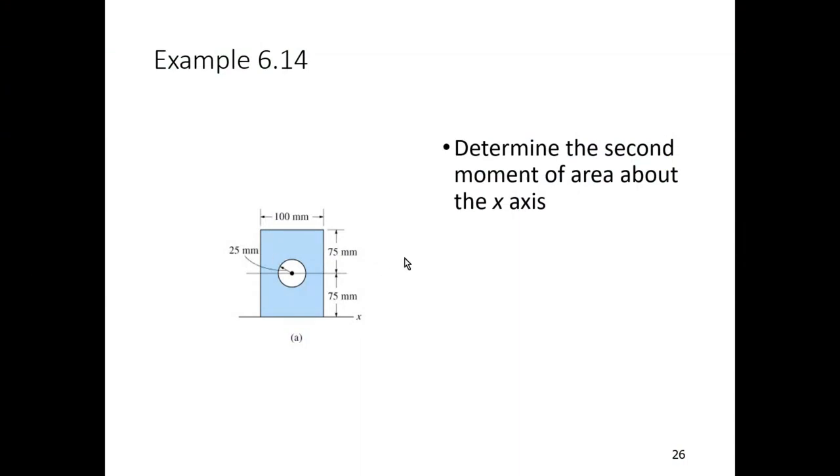Okay, so let's get this one done. That is a simple problem because when you look at the shape, fortunately there are two primitive shapes. One is the rectangle and the second one is the circle.